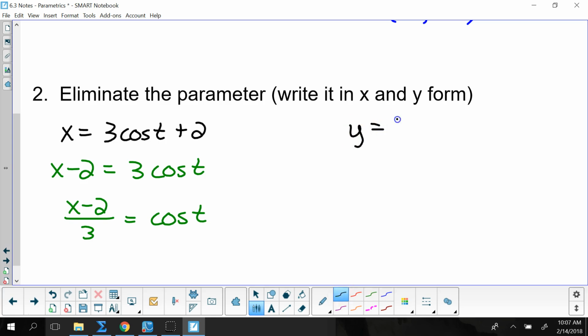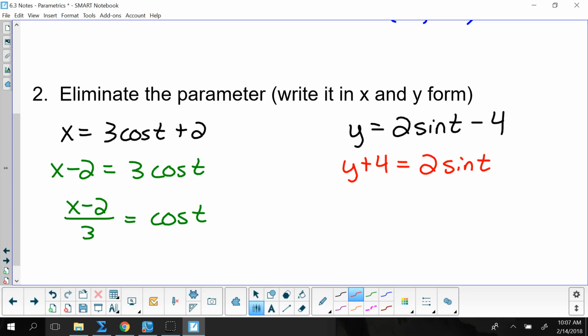y equals 2 sine of t minus 4. Add 4. Divide by 2.